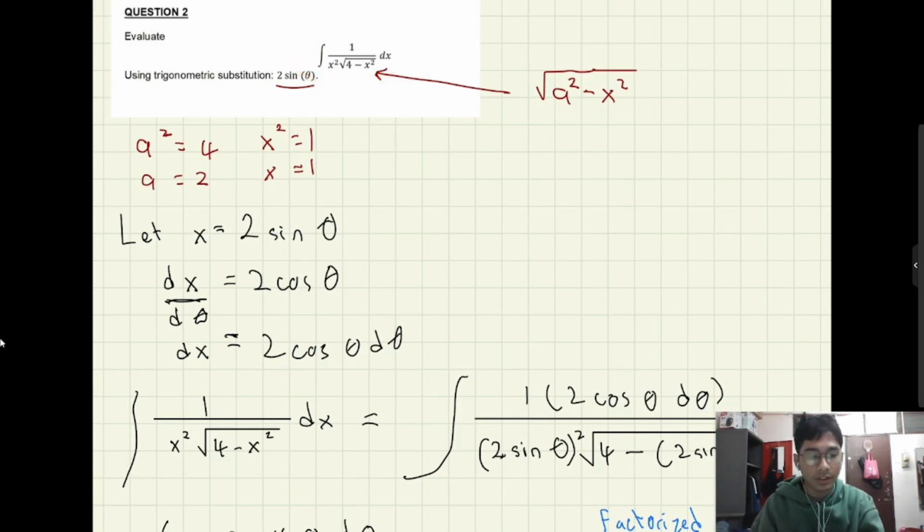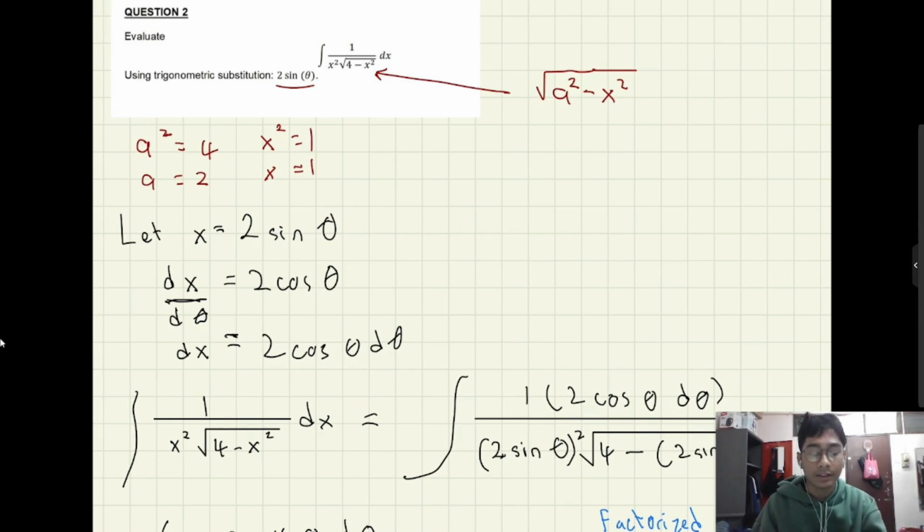So since the given is for the trigonometric substitution, we must use 2 sin theta. When we look at this expression, we know that this is the expression for the sine. So from this expression, we can identify the a value and x value.